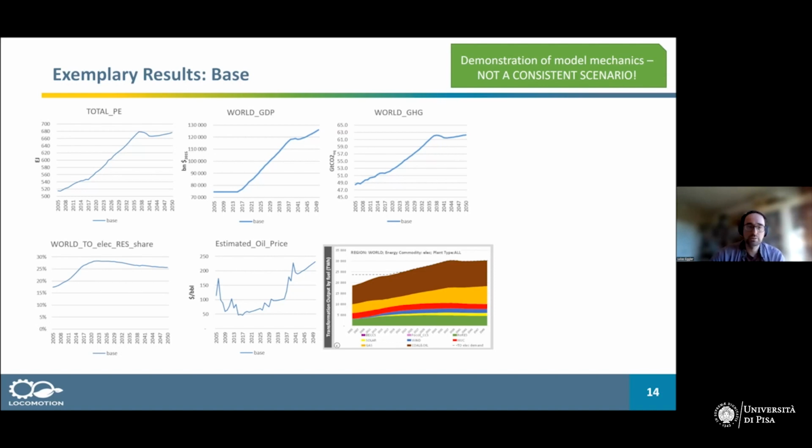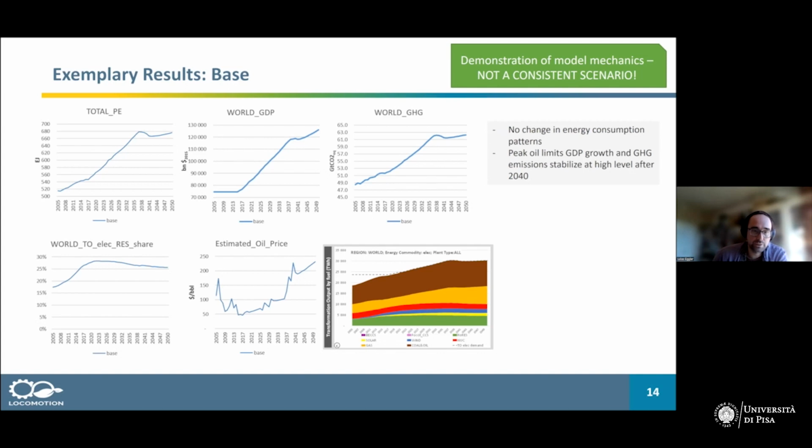So what you can see here is, sorry, here we go. You have these 6 charts. You see the different primary energy commodities being used in the system.